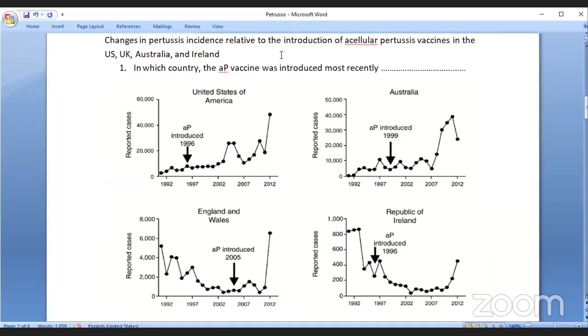Some of you have given the answer Australia, and my question is why. USA is the question because they introduced it in 1996, on the above paragraph. So those whose answer is this, and those whose answer is Australia, could you please tell me why your answer is Australia?